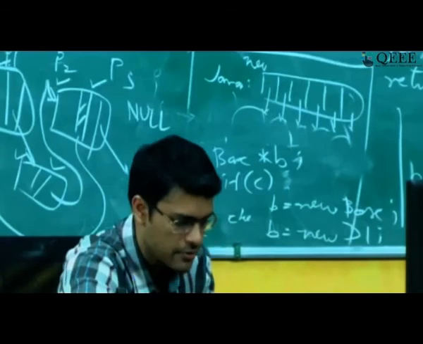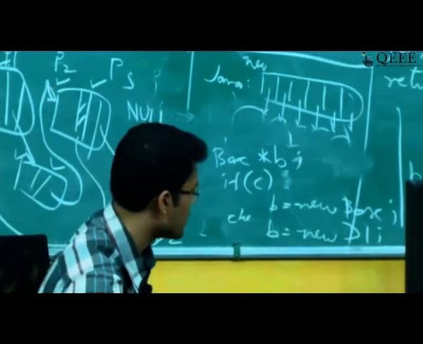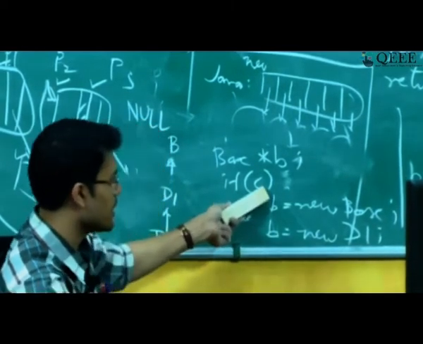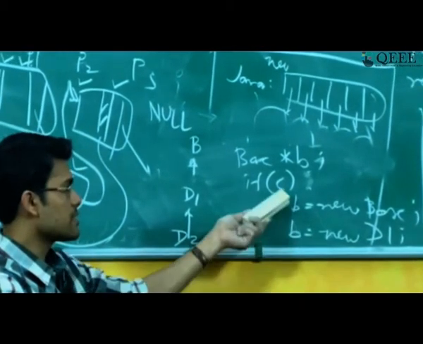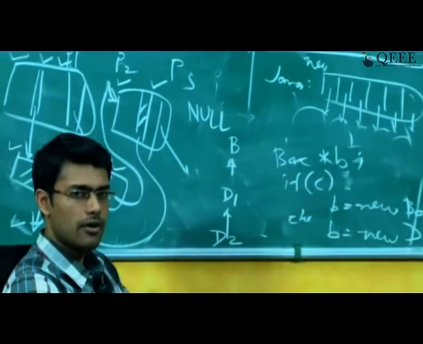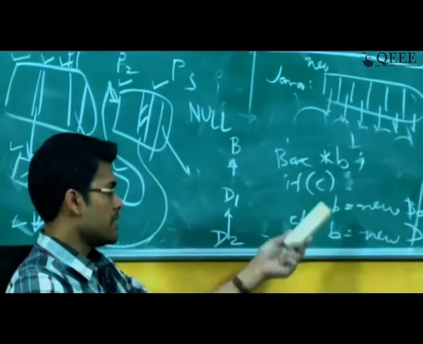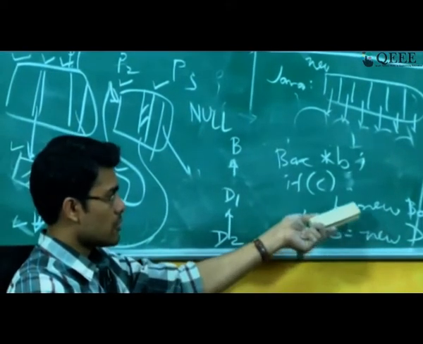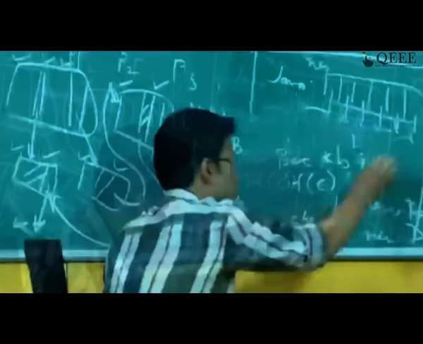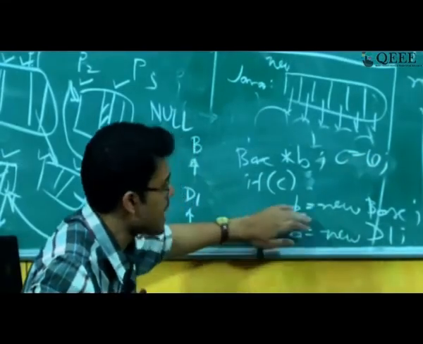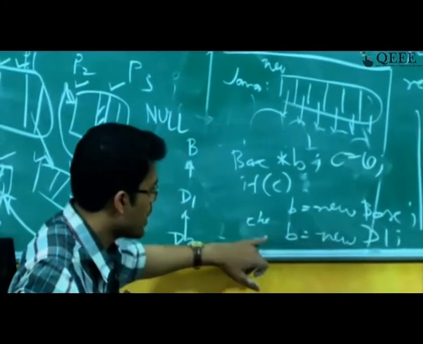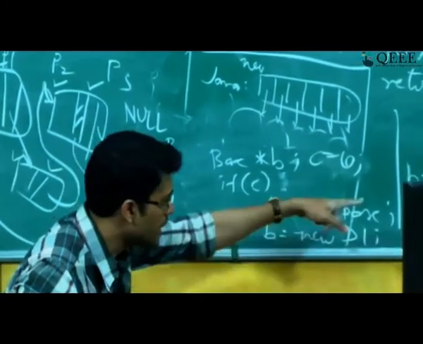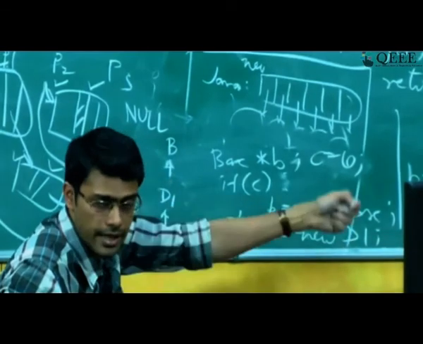Whereas there are some things which are possible to identify at compile time. For example, if this c is not really coming out of runtime information, let us say it is not a scanf of ampersand c, but c is set equal to a constant. In such cases the compiler knows that b is not pointing to the base but to the derived, and therefore b arrow f should be pointing to the derived.